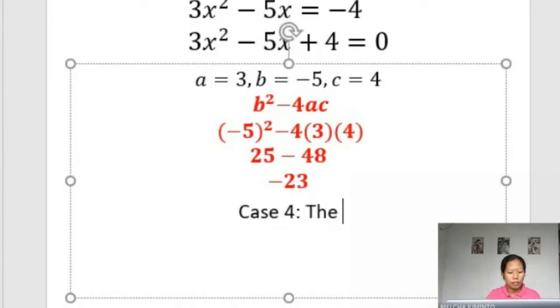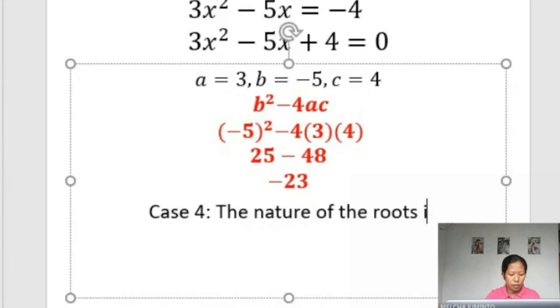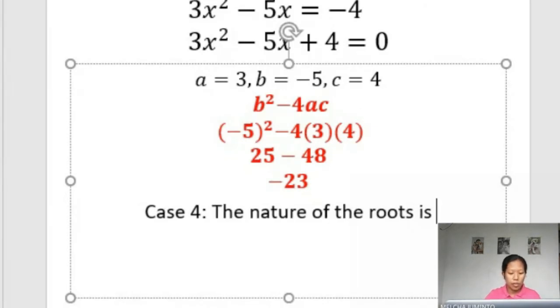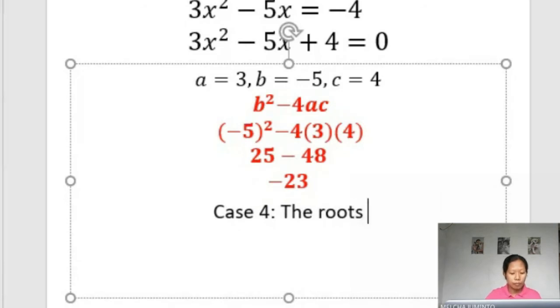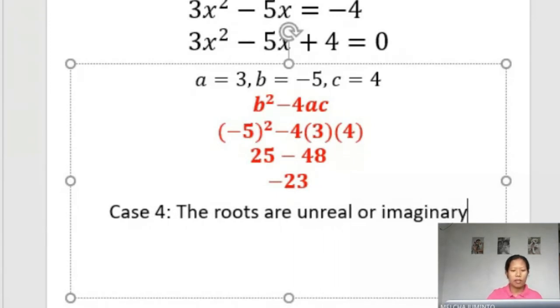the nature of the roots is imaginary or not real, or we can simply state the roots are unreal or imaginary.